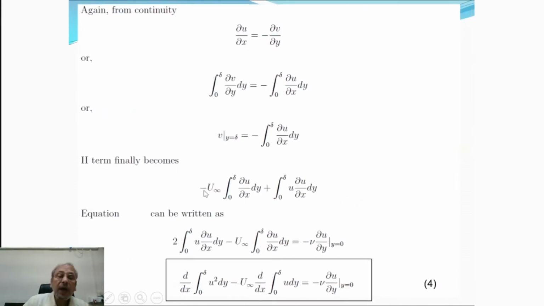So we can write minus u infinity integral 0 to delta ∂u/∂x dy. This is basically u into v at y equal to delta.